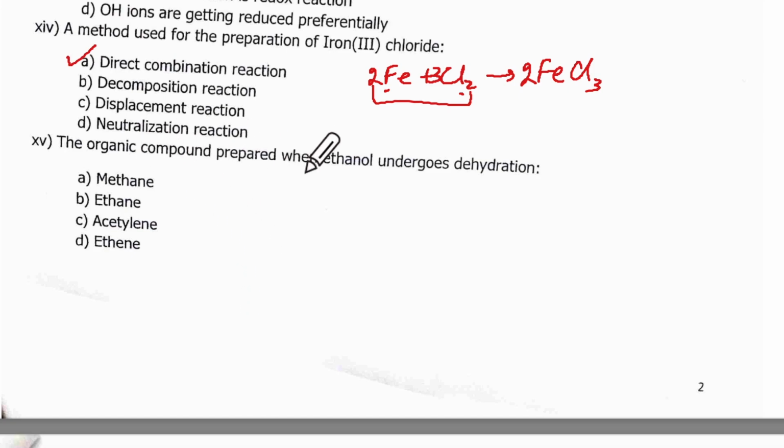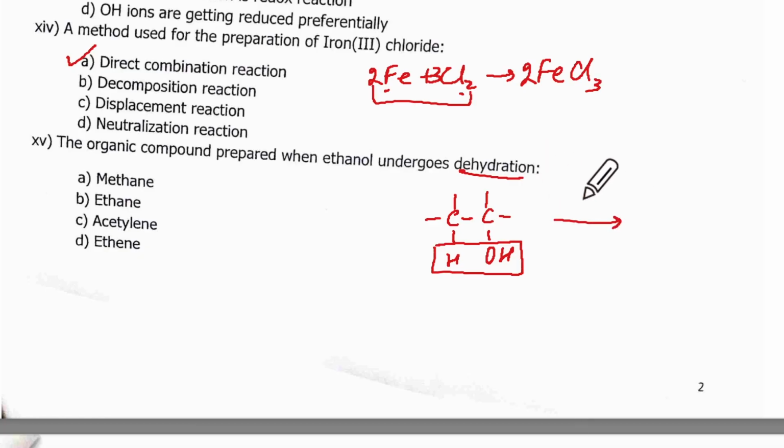Organic compound prepared when ethanol undergoes dehydration. Ethanol means it will have an OH group. So everything else is H, and this gets removed because it is undergoing dehydration.